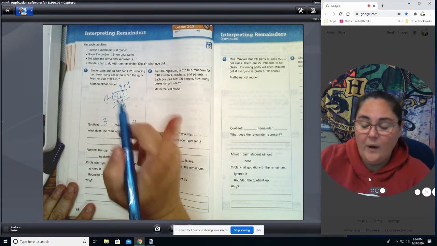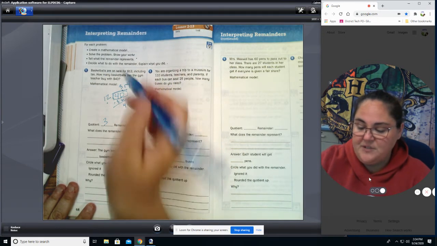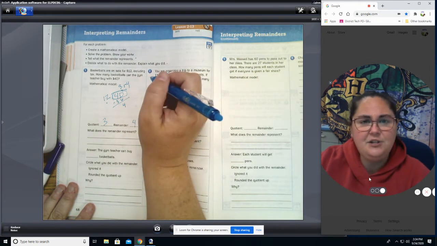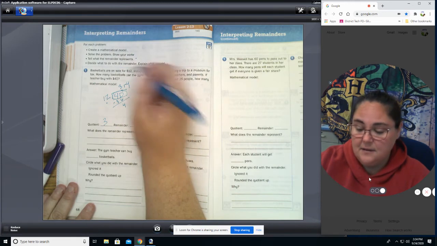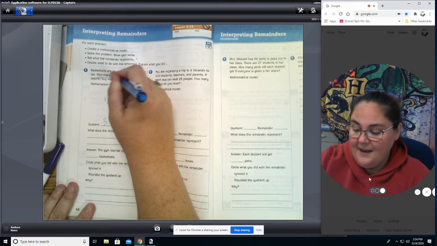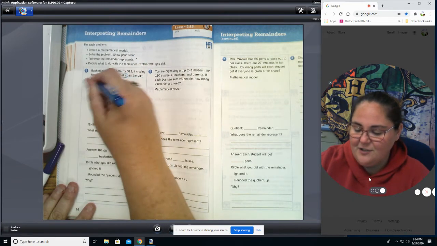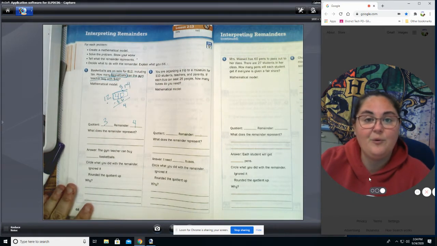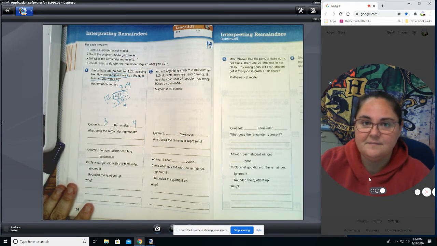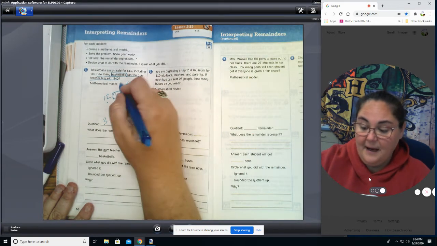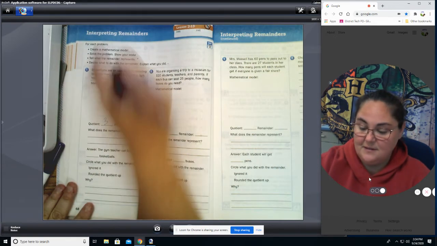4. Now, when it says, what does the remainder represent? Look at your question. That will be a big hint. How many basketballs can the gym teacher buy? So what does my remainder represent? Don't say basketballs. I'm buying basketballs.